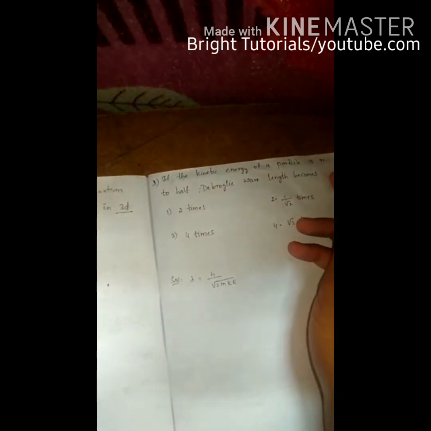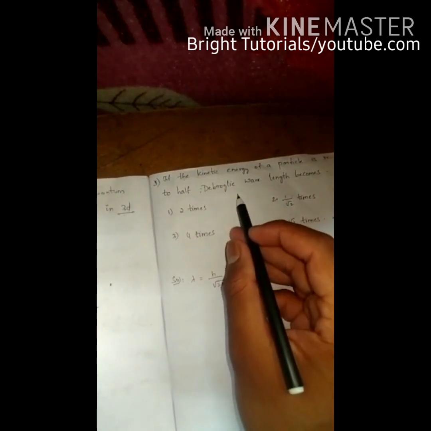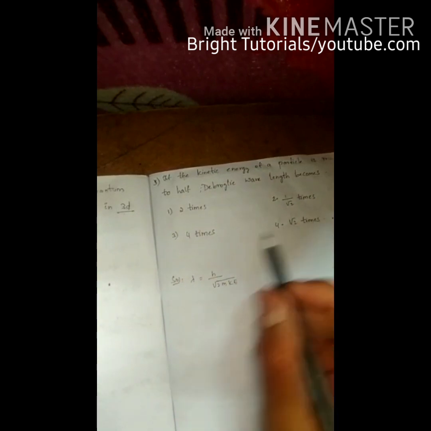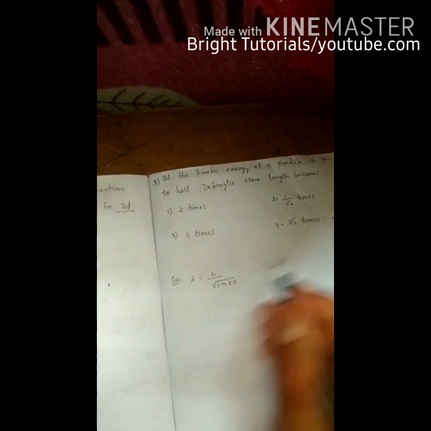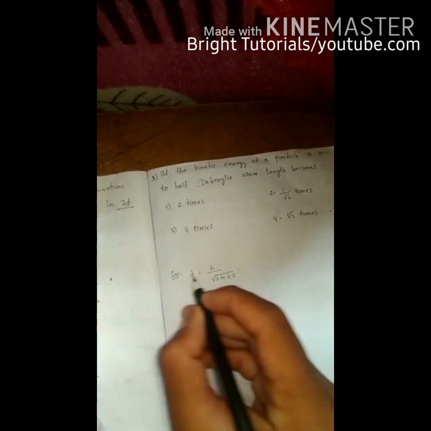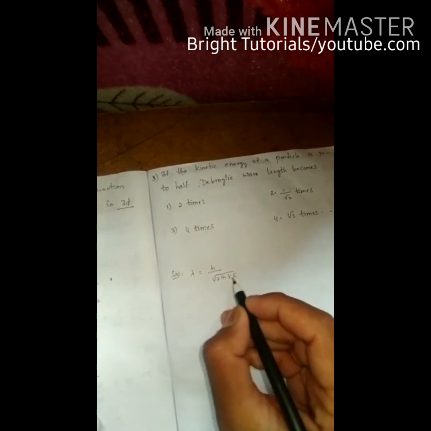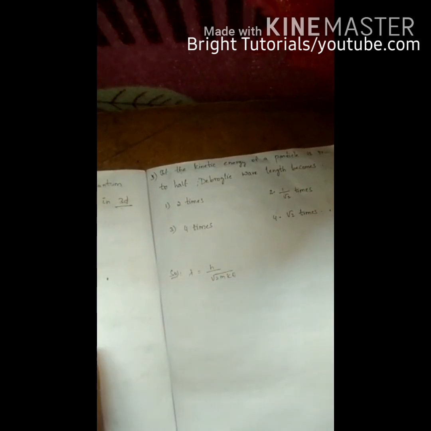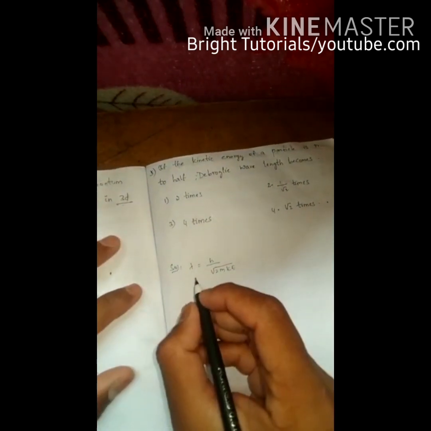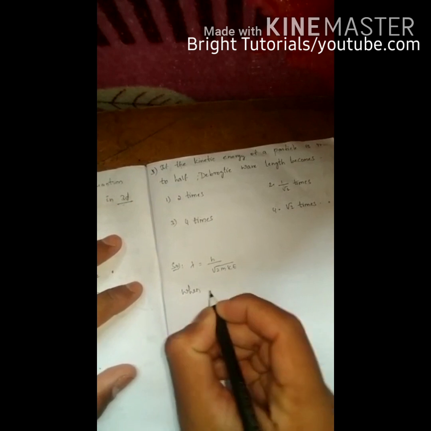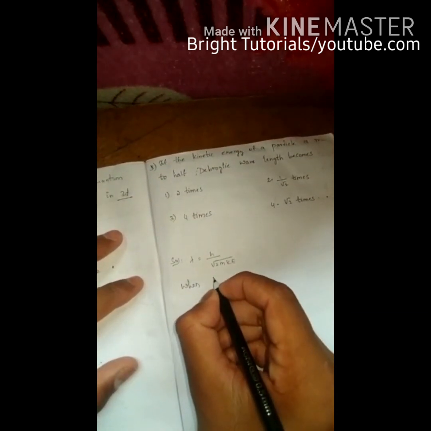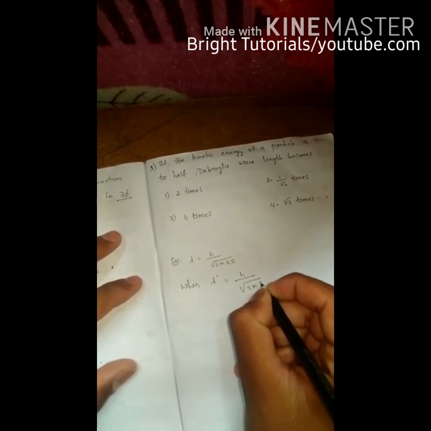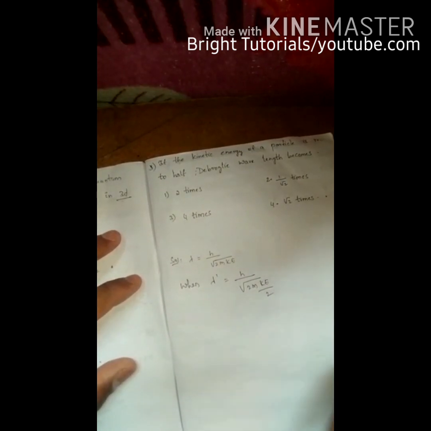If the kinetic energy of a particle is reduced to half, de Broglie's wavelength becomes 2 times, 1.5 times, 4 times and root 2 times. We know that the formula for this is lambda is equal to h by under root 2m into kinetic energy. With respect to kinetic energy, when kinetic energy is half, lambda dash is equal to h by under root 2m kinetic energy by 2.